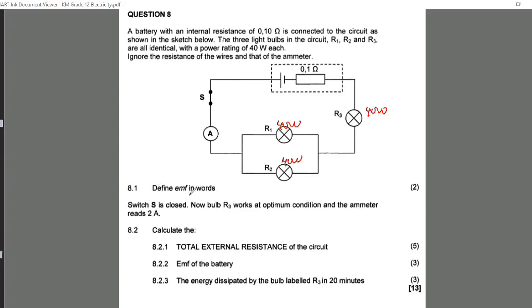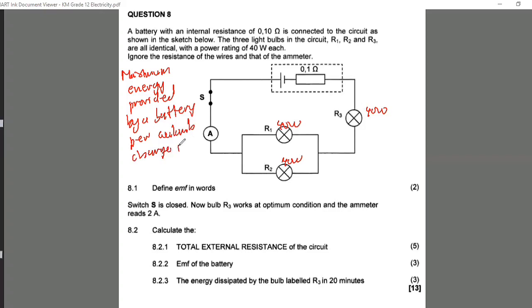And then 8.1 says define EMF. What is EMF? So we know that EMF is the maximum. So let's define it. We say it is the maximum energy provided by a battery per coulomb charge passing through it.